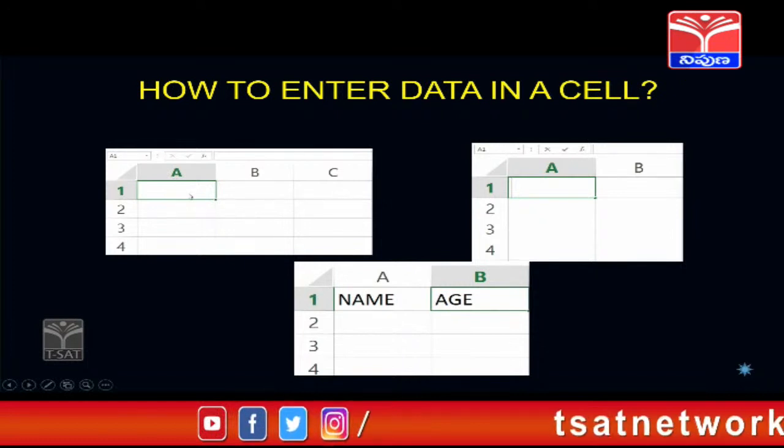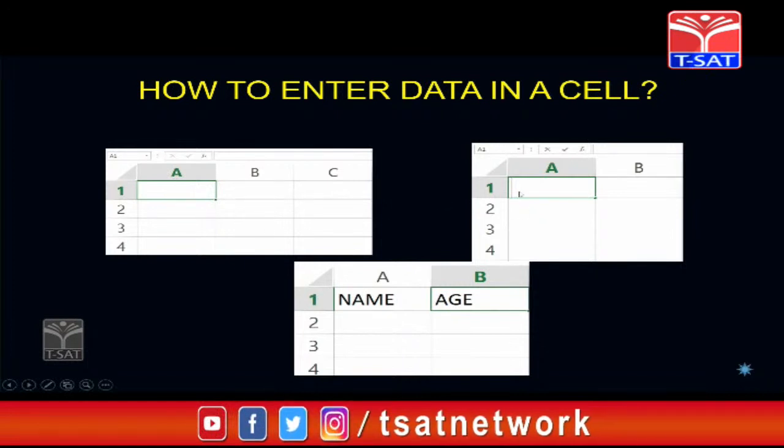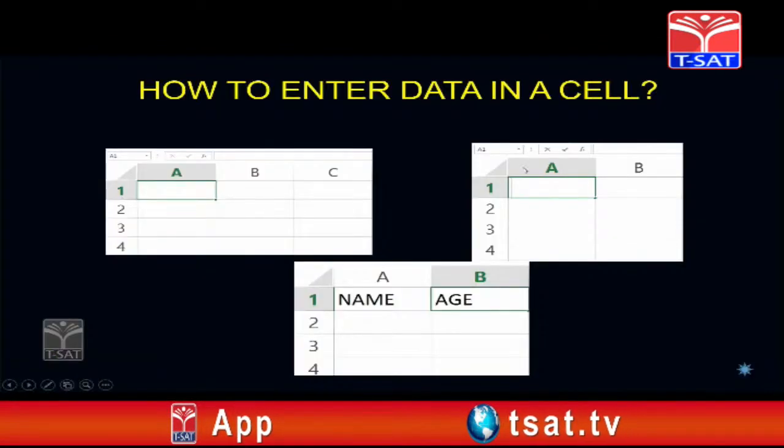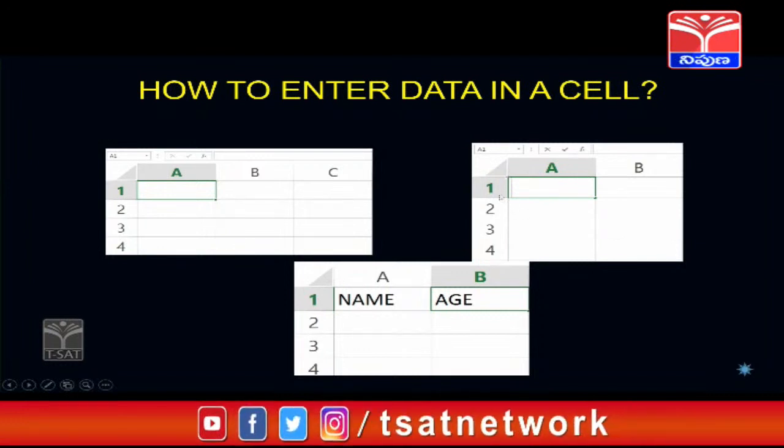Once we have clicked on this cell, we can directly start typing data, or otherwise we can double click on this cell, as you can see on the right hand side. Once we have double clicked on this particular cell, the cursor starts blinking.